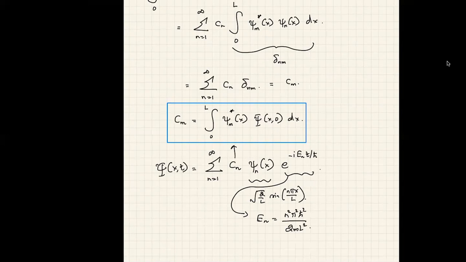Cn is the integral of psi n star times psi of x comma 0 dx. So this is how you would go about solving the general solution of the Schrodinger equation given the solution at time t equal to 0.